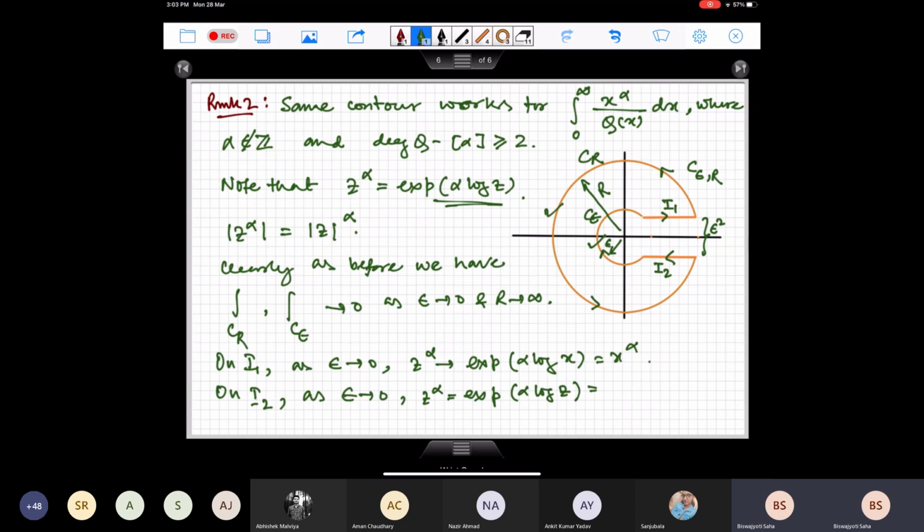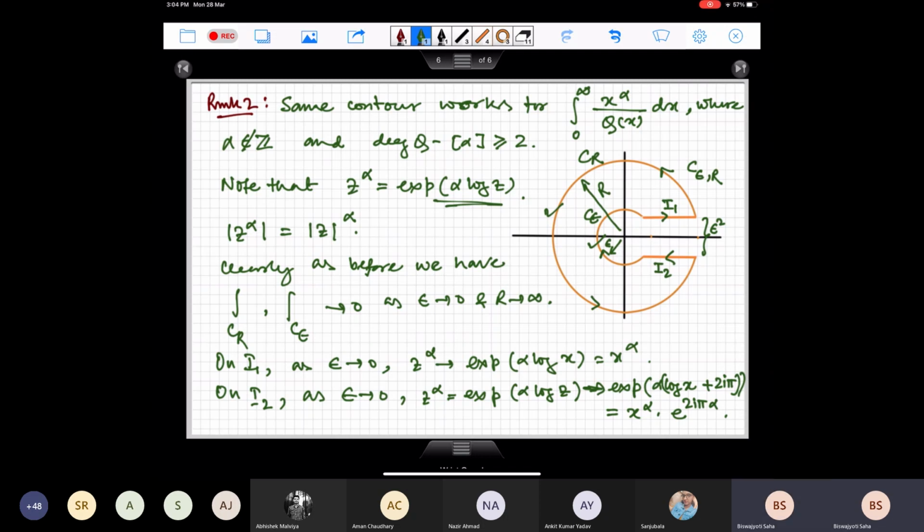So this is going to be exponential alpha log x, or it goes to alpha log x plus 2 i pi. Okay, so therefore this is nothing but x power alpha into e to the power, sorry, there should be an alpha already, so e to the power 2 i pi alpha. So that's the effect on I2.